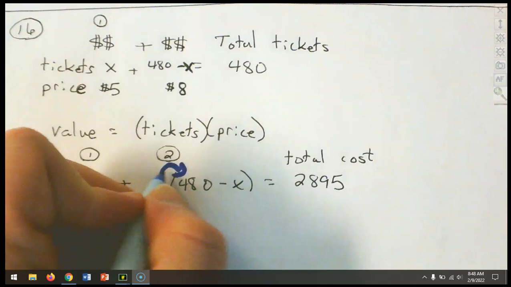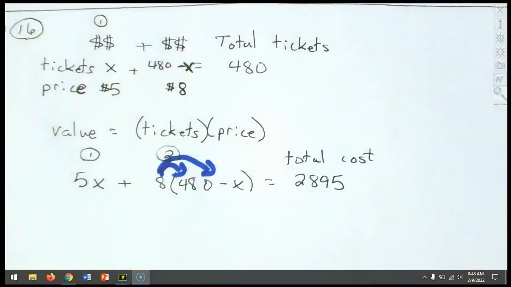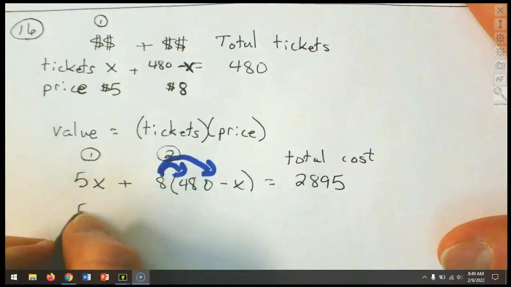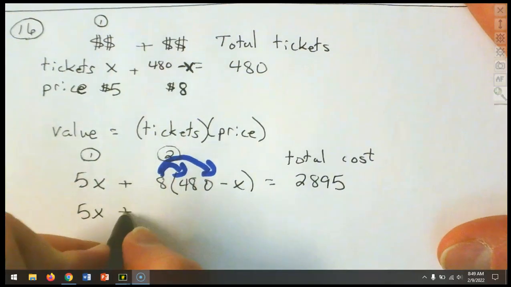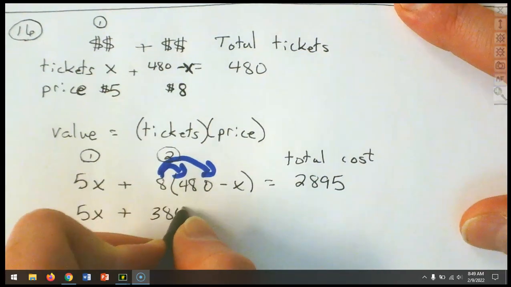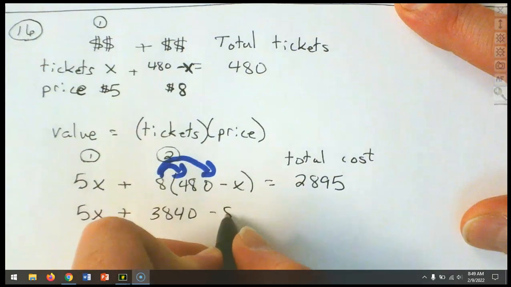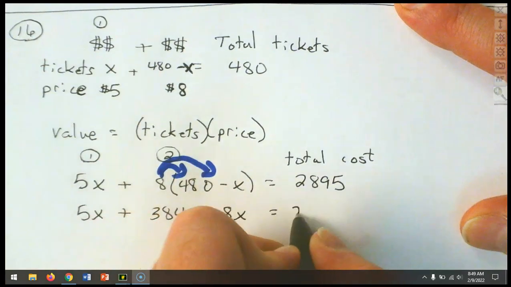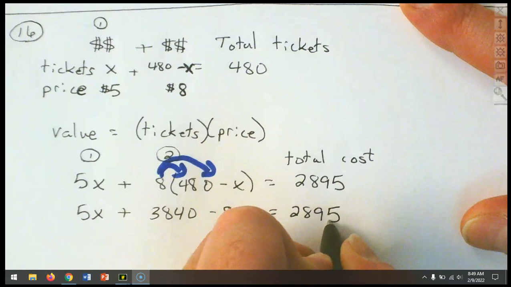Distribute that 8 through. So that's 5X plus, we've got 8 times that 480. That's 3840 minus 8X, and that equals our $28.95.